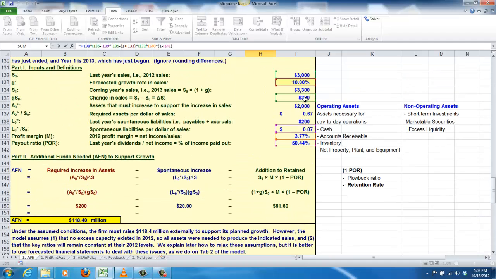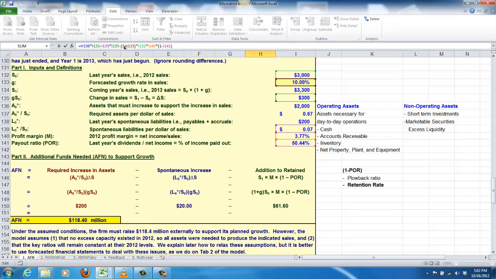That's I-135, and then we subtract out the spontaneous liabilities per dollar of sales multiplied by the increase in the dollar of sales. So that's this portion of the function here, I-139 multiplied by I-135.